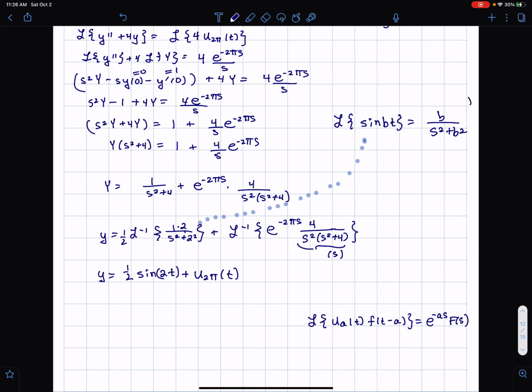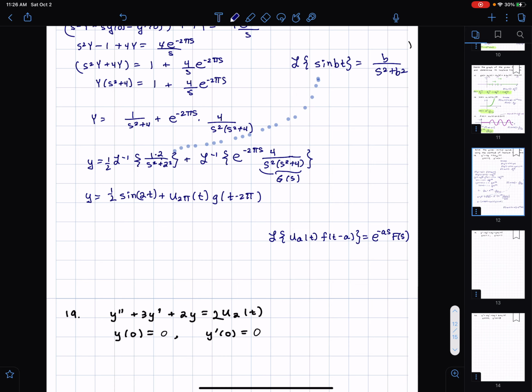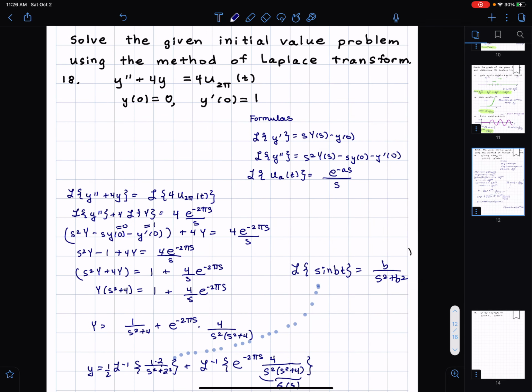The way I was doing it is fine; it's just a question of the way you want to write it. So g of t minus 2 pi, where this is g. Okay, it turns out I need more paper. Surprise. Okay, more paper.